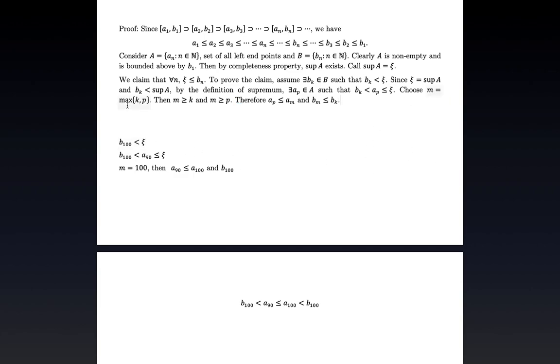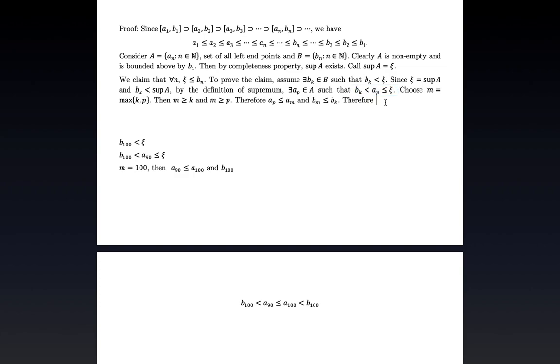Choose m equal to the maximum of K and p. Then m is greater than or equal to p and m is greater than or equal to K. Therefore Ap is smaller than Am and Bm is smaller than Bk. Therefore Bk is less than Ap.